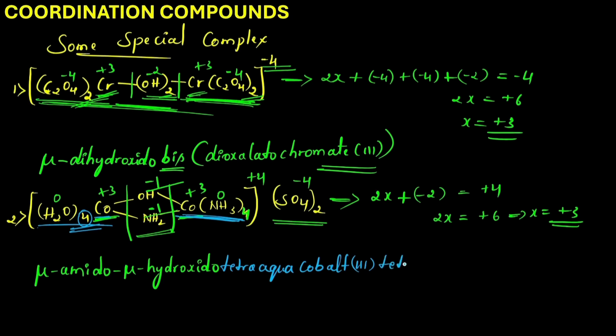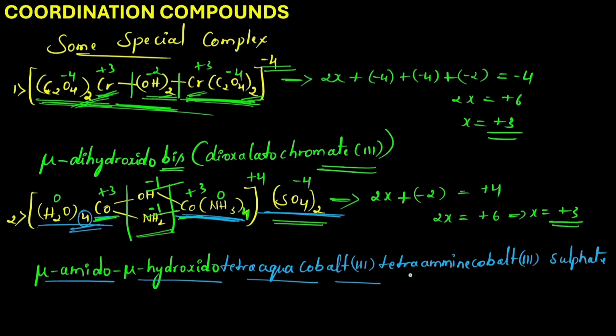Therefore again tetraamine cobalt 3. Okay, here we have the counter ion sulfate. You have to give space and then you have to write sulfate. Mu amido, mu hydroxido, tetraaqua cobalt 3, tetraamine cobalt 3, sulfate.